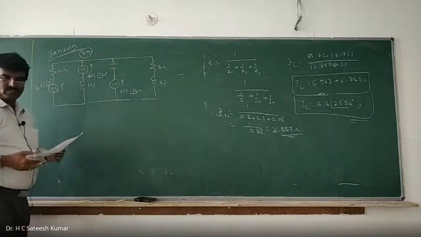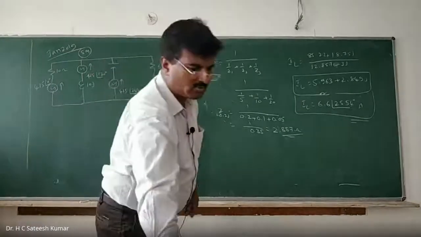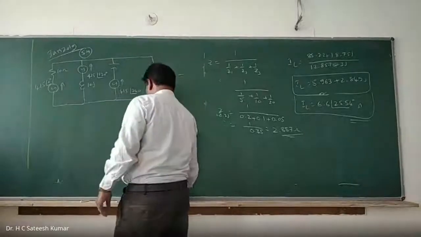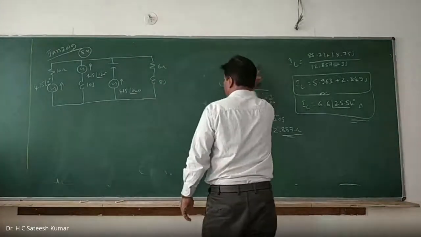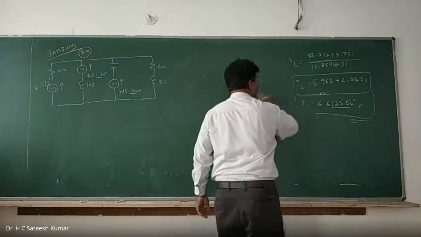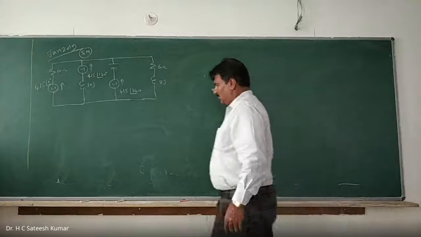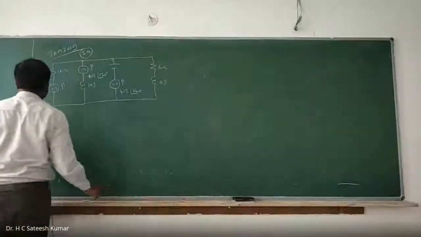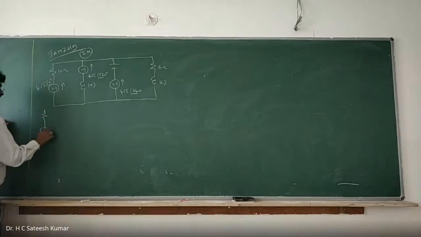Okay, first of all, you convert all of them into rectangular format. Then we shall go for the simplification. Okay, right. So what do we have? The first one is okay. One resistance, one voltage source. This RMS indicates this is plus, this is minus.